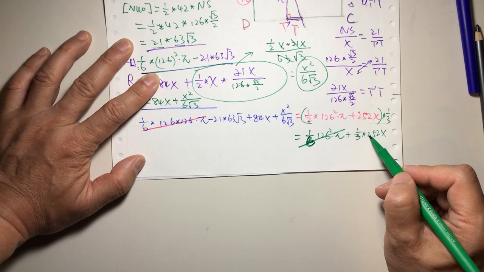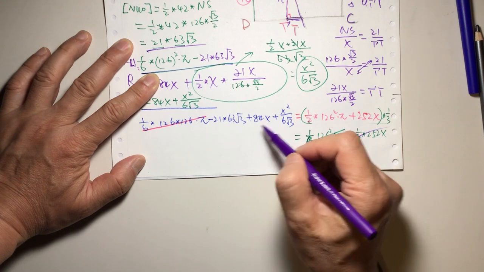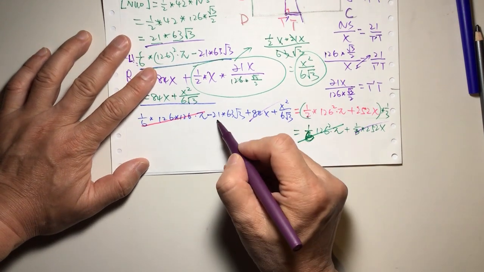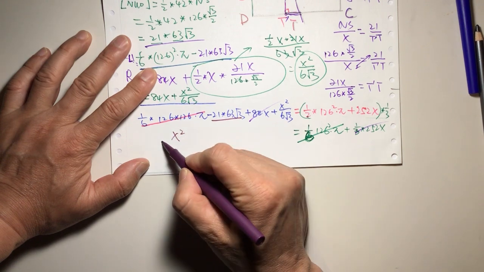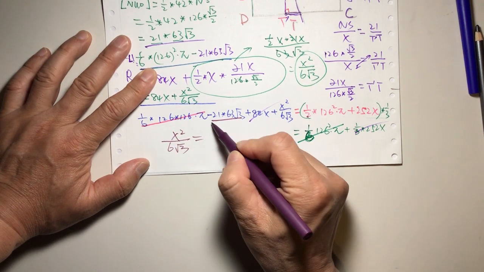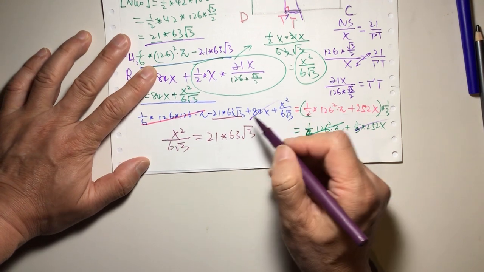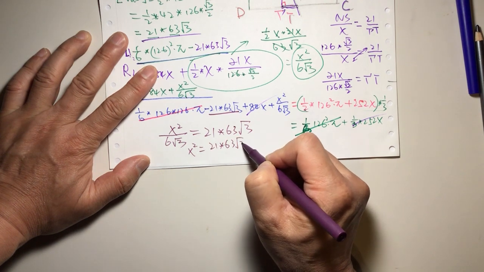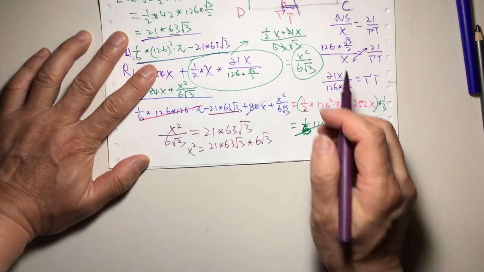So 84x also cancelled this part. Now it becomes easy, right? It means this part, each side plus this, and left hand side x squared over 6 square root of 3 equals this part, 21 times 63 square root of 3. Then x squared equals 21 times 63 times 6 square root of 3.